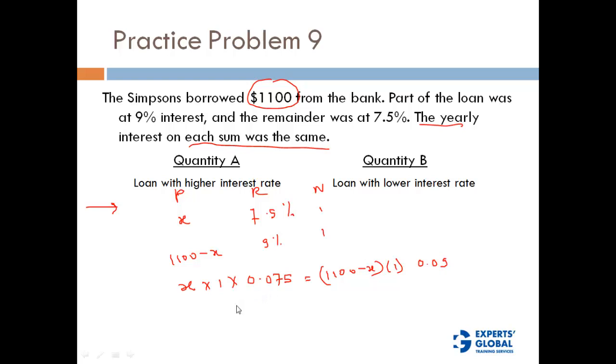So let's multiply by 1000 because we have 0.075 here. Multiply by 1000, so we get 75X is equal to 1100 minus X into 90.